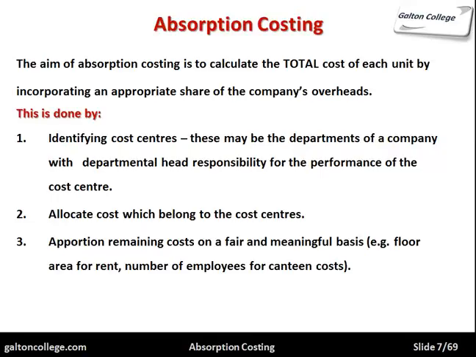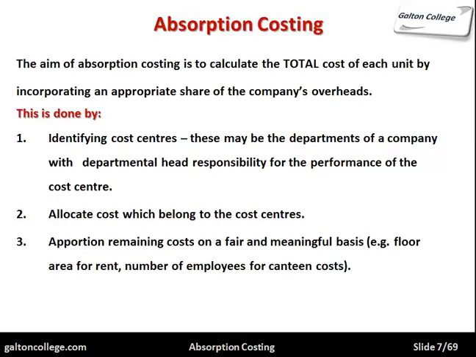Now, it may be possible to work out the percentage of the floor area for each of these various departments, and then work out the cost of the tax that the government imposes and apportion it according to those percentages. That could be a way of apportioning rent.